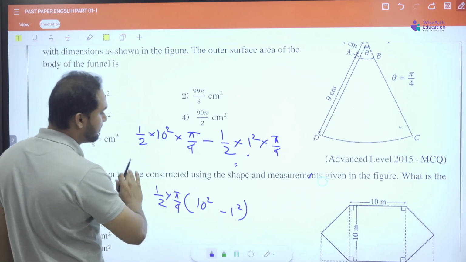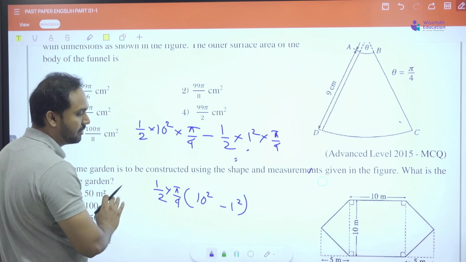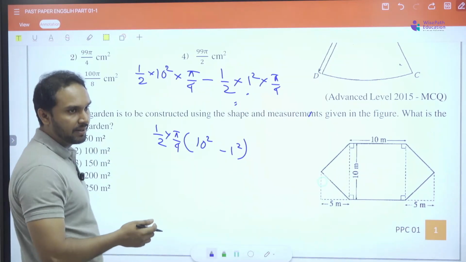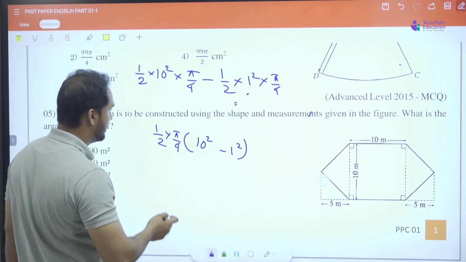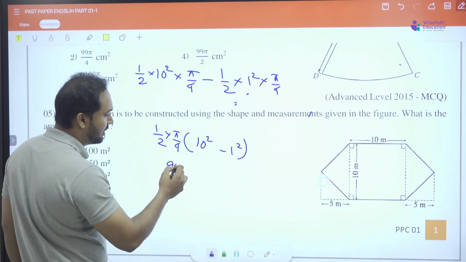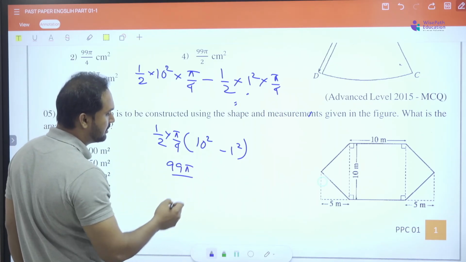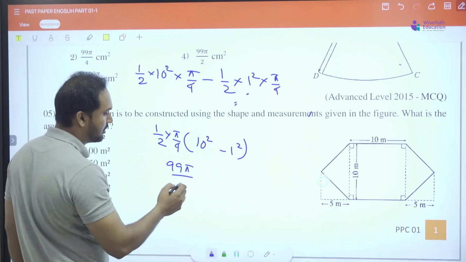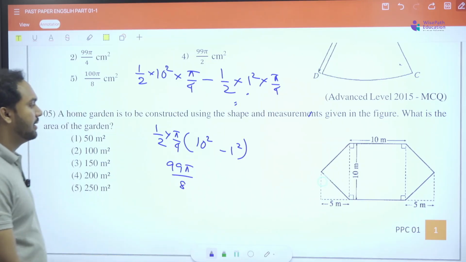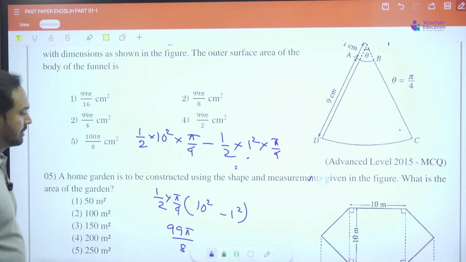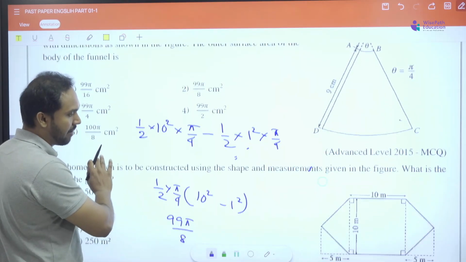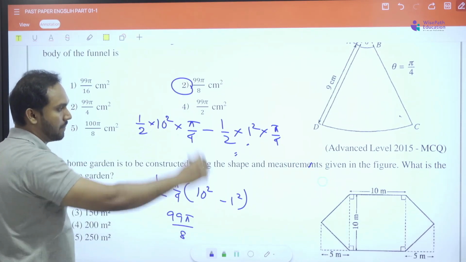So the 10 square is what? 100. 1 square is 1. 100 minus 1 is 99. So 99 times 5 is on the top, and the bottom, that is 8. 99 times 5 over 8, that is 2. Second one. Second answer.